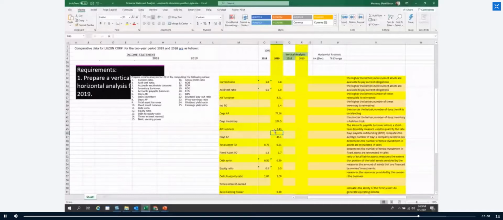Next, we have days AP. So again, 365 divided by your AP turnover of 7.43. So this is the days payable outstanding or your DPO. It computes the average number of days a company needs to pay.